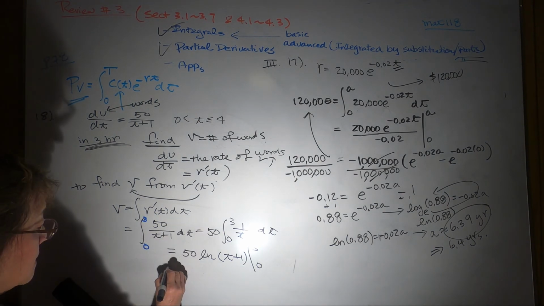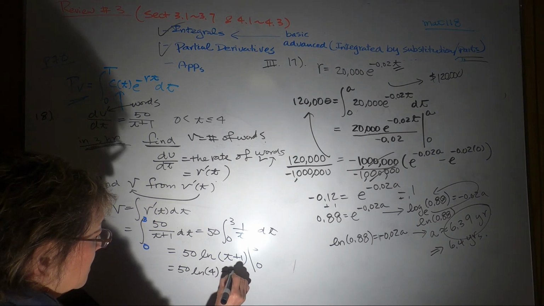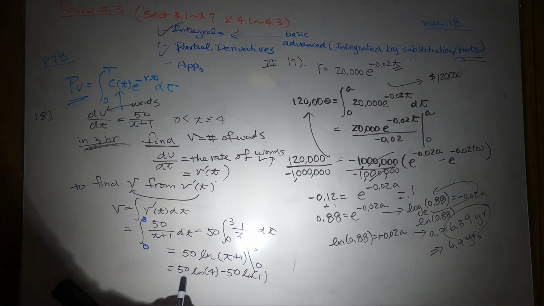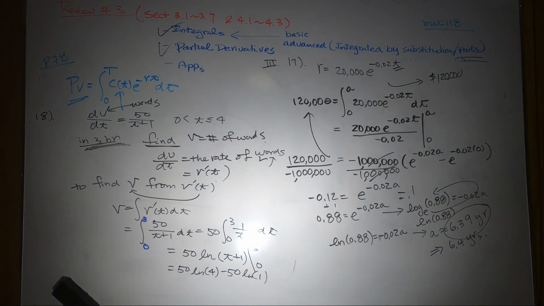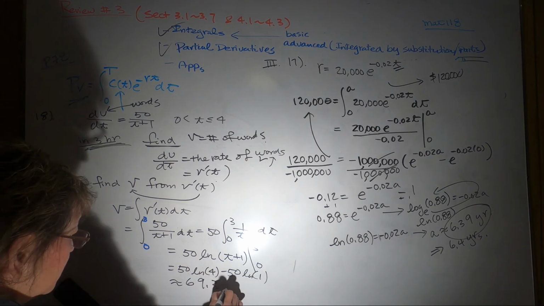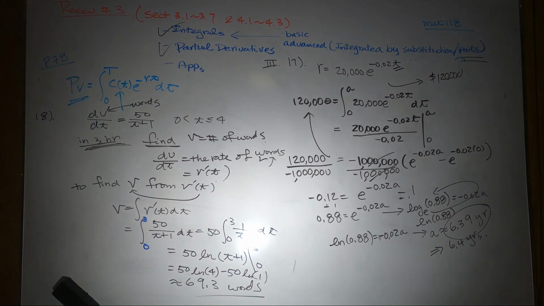Then you plug in, that would be 50 natural log 4 minus 50 natural log 1 plus 0, right? That would be 0. Then you put it into the calculator. That would be about 69.3 words. So the answer should be around 69 words.